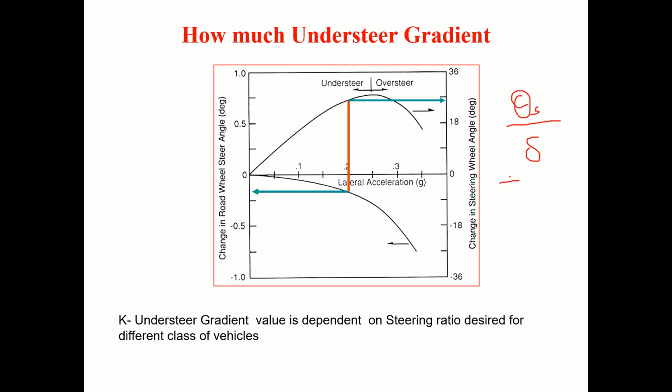So this I called steering ratio earlier. Correct? No, it all depends on the steering ratio. Because it is steering ratio versus lateral acceleration is given. Lateral acceleration is Ay. So that is nothing but V squared by gR.